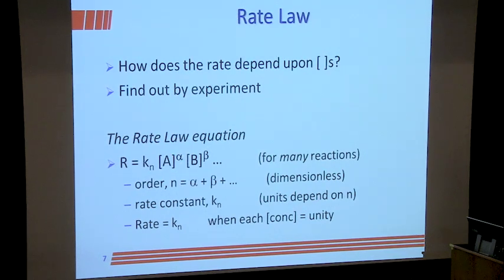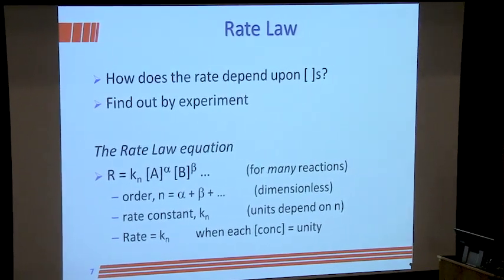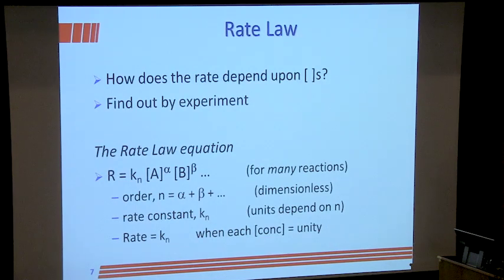So the total order is the sum of the partial orders related to the reactants. So if we have C to the gamma, for instance, the total order would be the sum of alpha, beta, and gamma. In this example, it's just the sum of alpha and beta for A and B. Okay? And the rate constant is k subscript n. And the rate is equal to the rate constant when every concentration is unity.